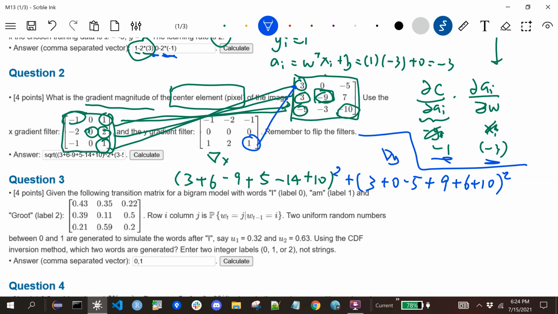So we square this as well, and at the end we just take the square root of the whole thing. So that square root is for the gradient magnitude. I don't remember the notation we used, but say G is that. And you can type the expression in here.